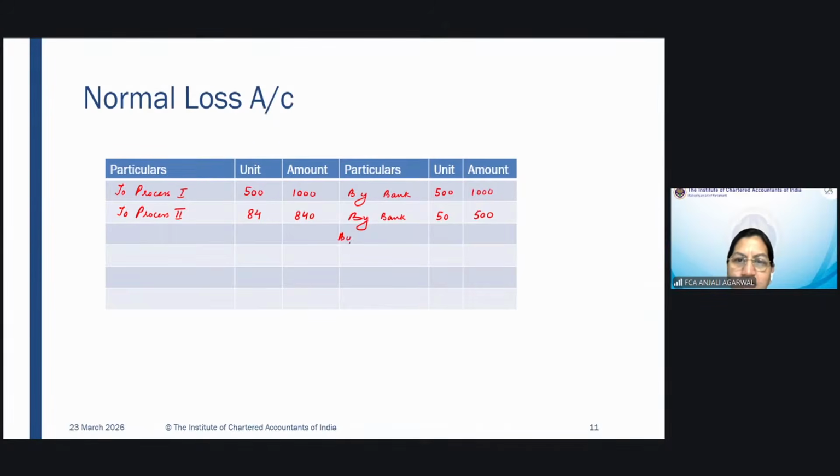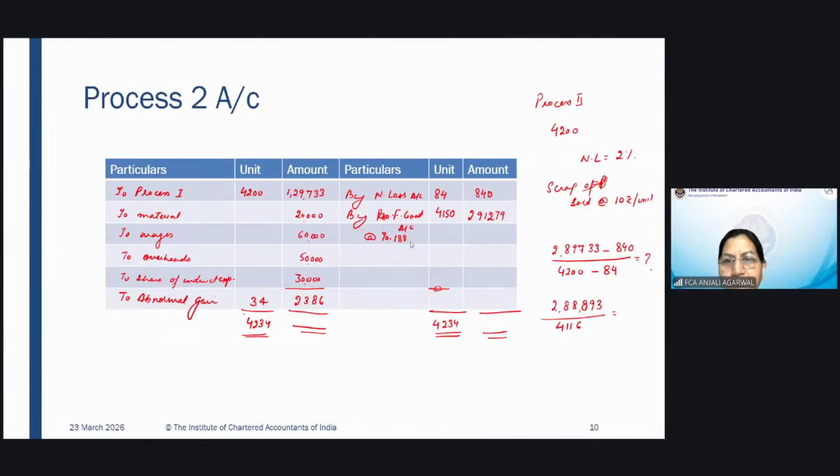And by abnormal gain, 34 units, which could have sold for 340, which you don't have. Or you can prepare the normal loss account for process 1 separately, and the normal loss account for process 2 separately also. Once again, 70.187, I rounded off to 70.188.